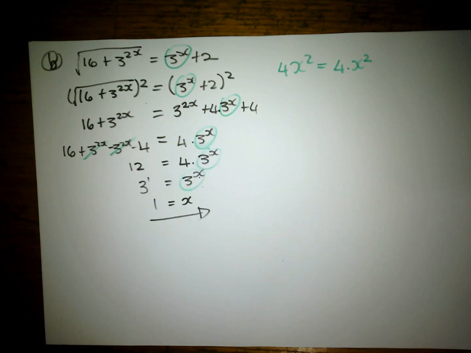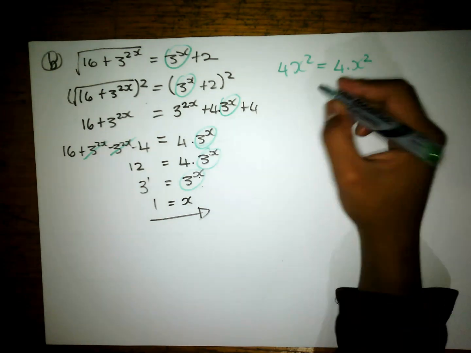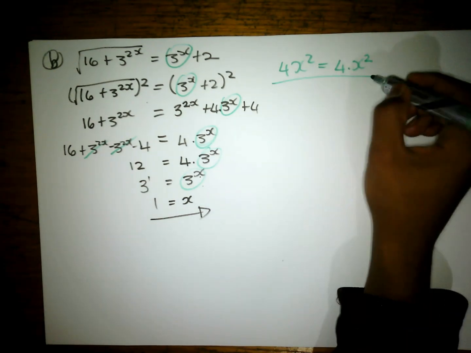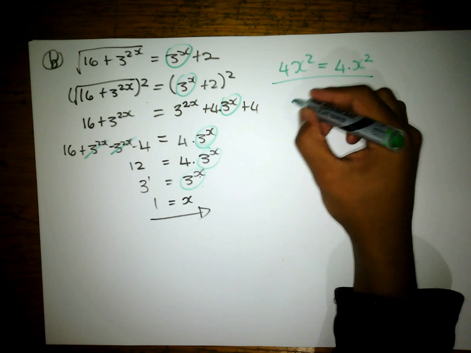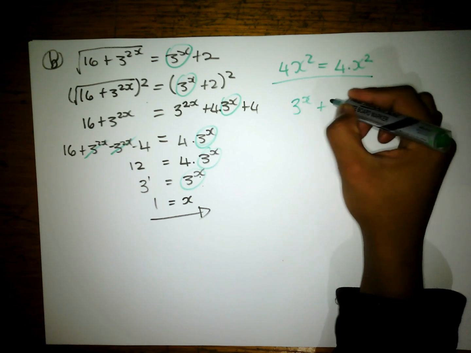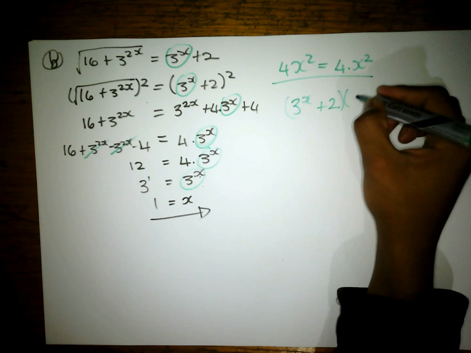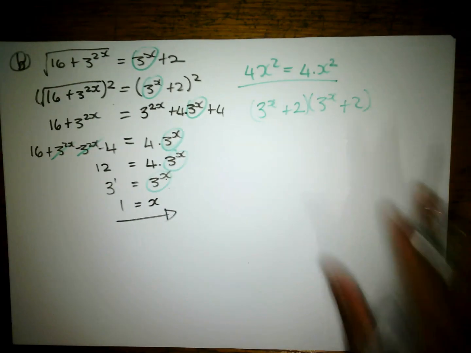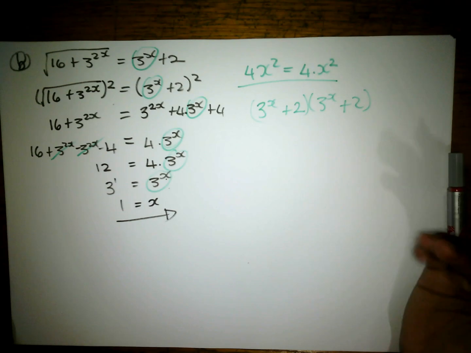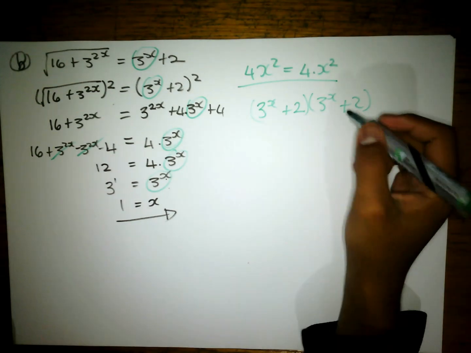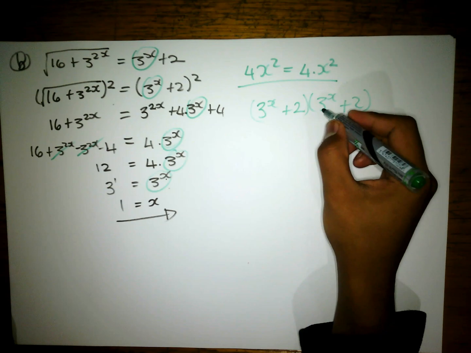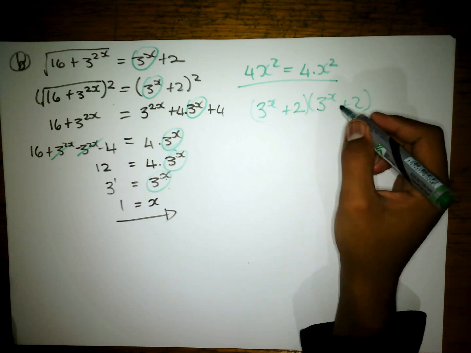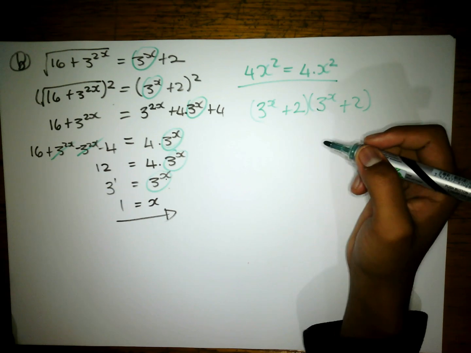Sir, can I just ask, how did you get, when you expanded the 3 to the x plus 2 to the power of 2, how did you get the 3 to the 2x? So, your laws of exponents say when you multiply exponents with the same base, you can add the exponents.